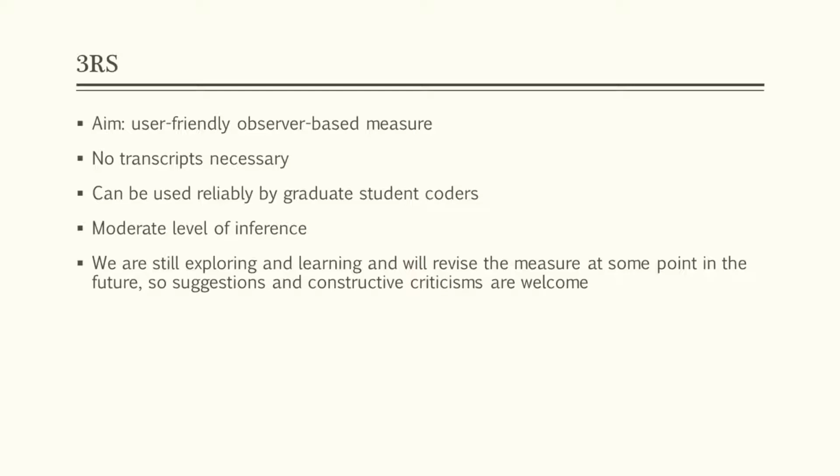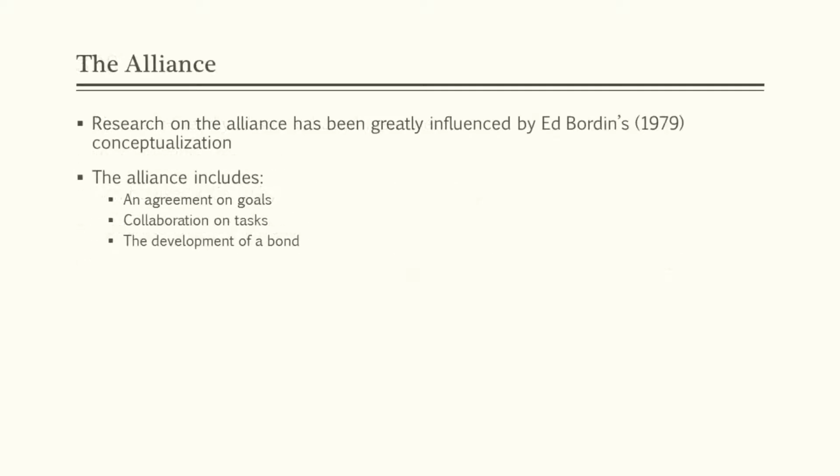So let's review a few basic terms. This is probably stuff a lot of you are familiar with. We're talking about alliance ruptures, so we have to establish what we mean by the alliance. Our work on the alliance has been greatly influenced by Ed Bordin's conceptualization, where he talked about the alliance including an agreement on goals, collaboration on tasks, and the development of a bond.